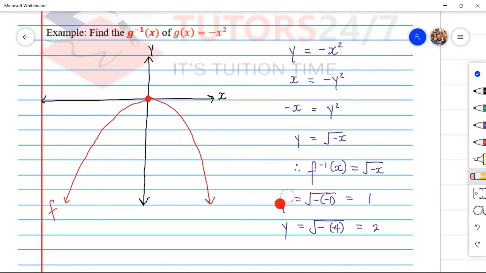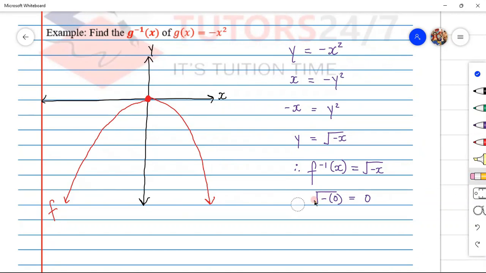We can even test it out with 0. So we have y equals the root of negative, substitute 0, and that is going to give us a y value of 0. So as we can see, all of the negative x values will give us a y value, and 0 will also give us a y value.